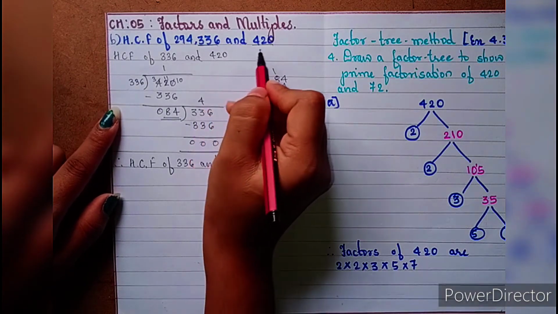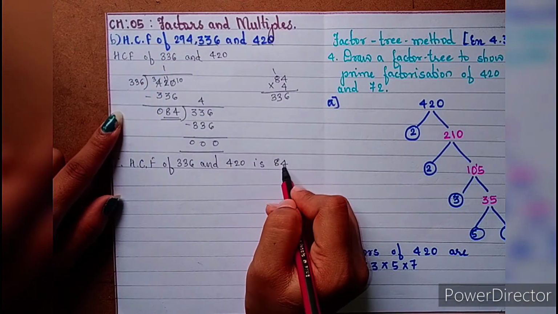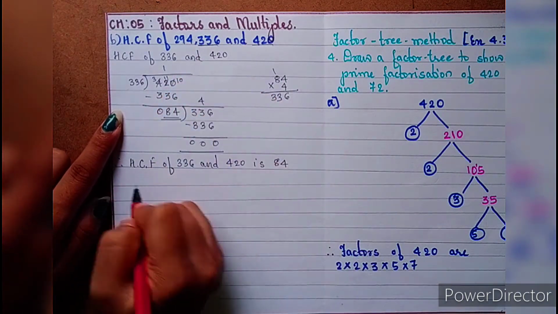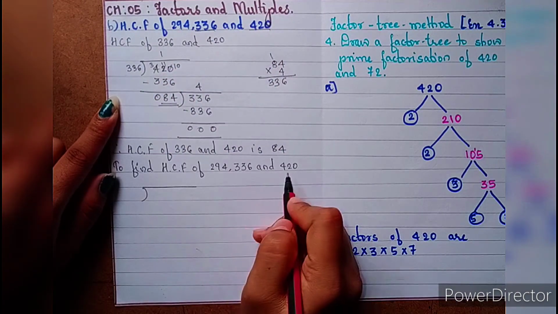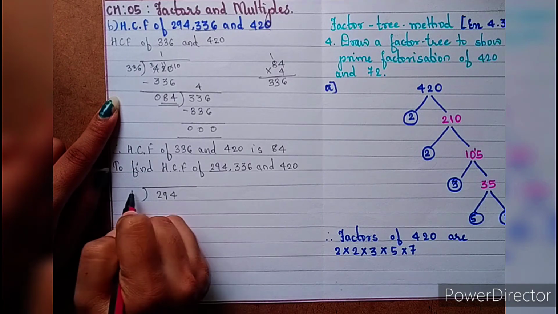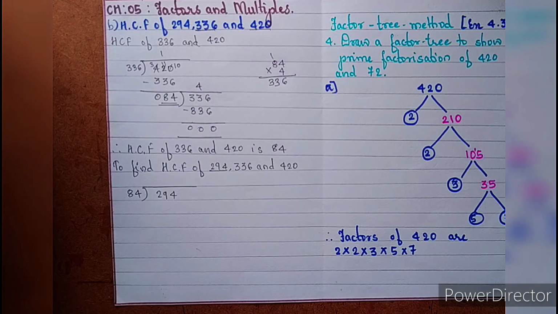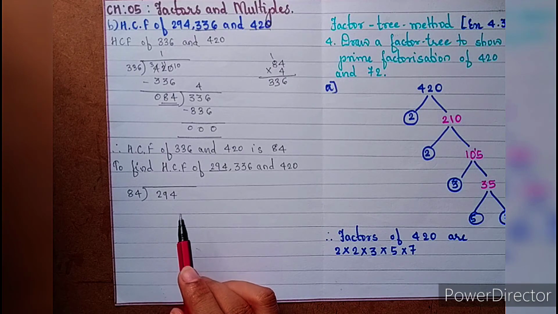Now let's find the HCF of all these numbers. To do that, we have to divide 294 by 84. Let's divide the leftover number, that is 294 by 84. Okay, so we have to choose such a number or the nearby number which divides 294 exactly.